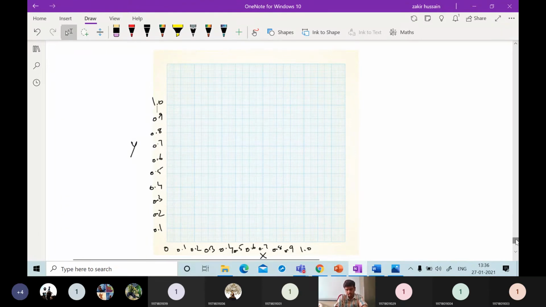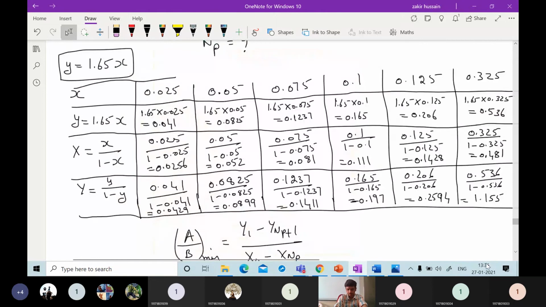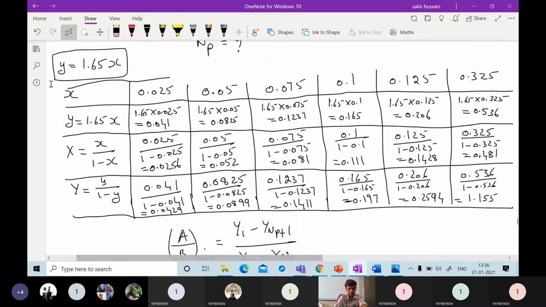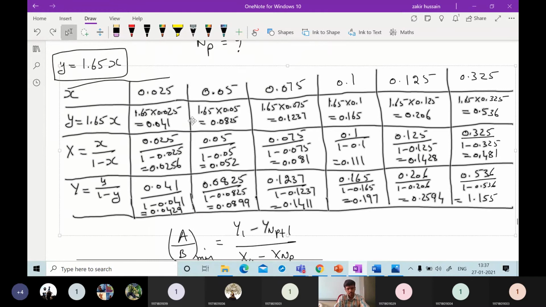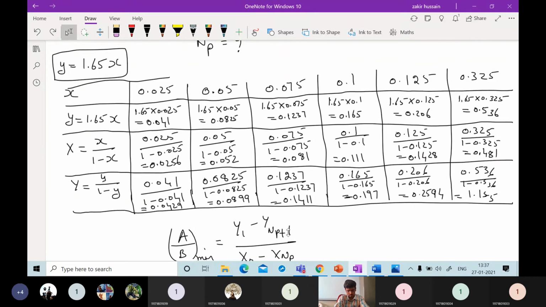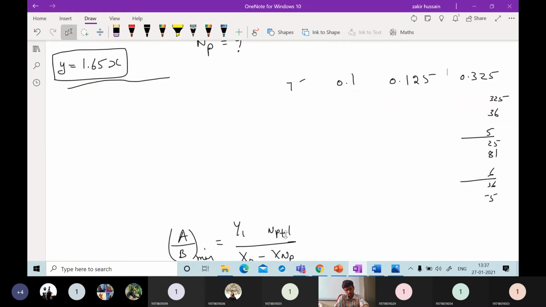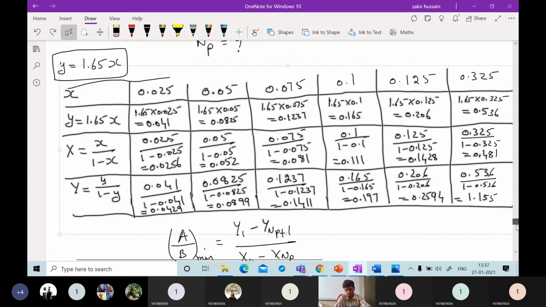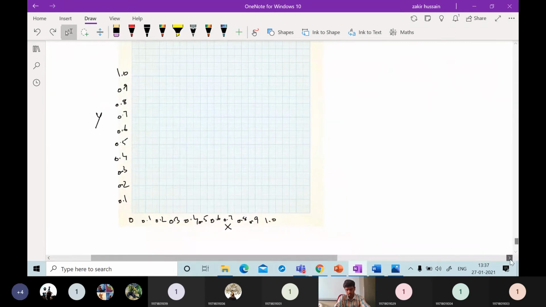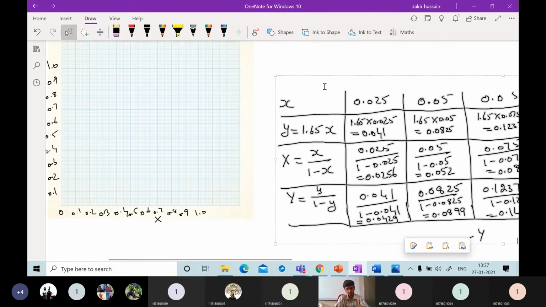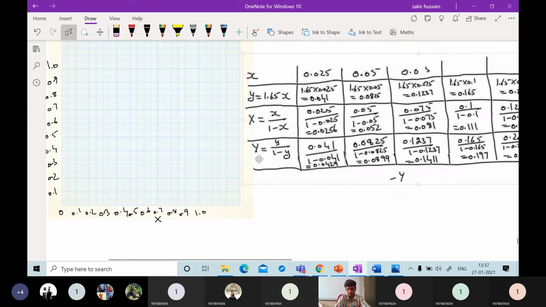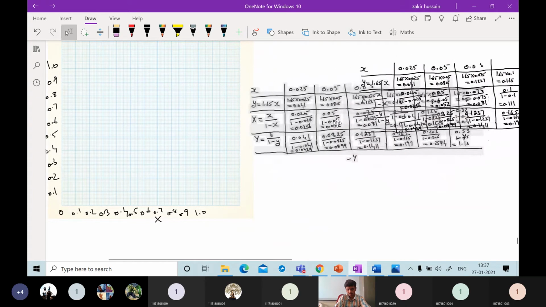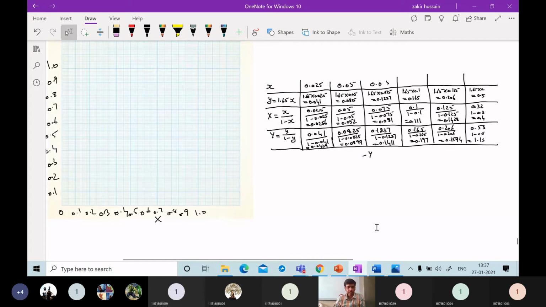So now we have to draw our data points. So our data points are here, this one. Now we have our data points.